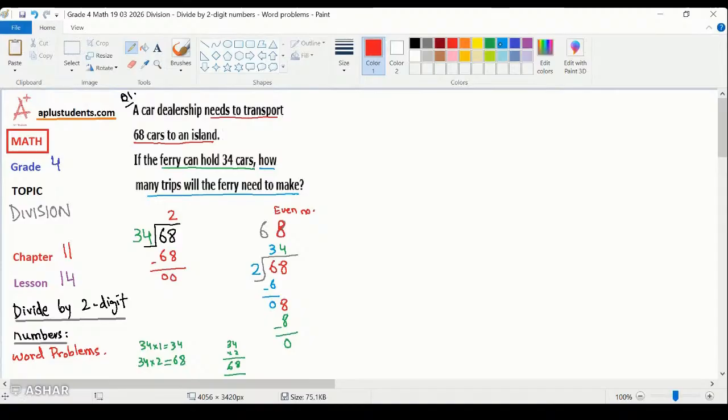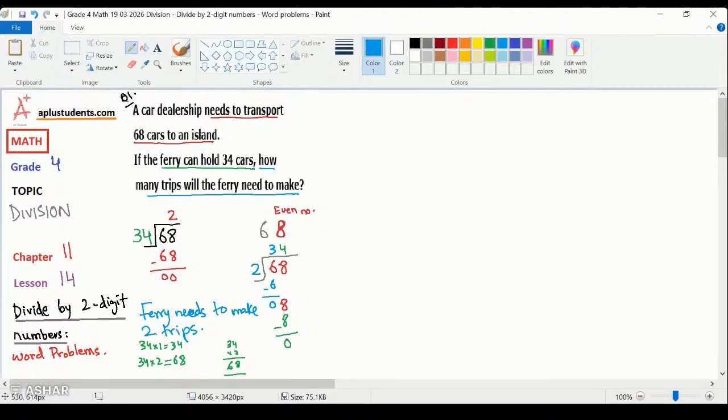So how many trips do they need to make? The ferry needs to make 2 trips to deliver the cars.